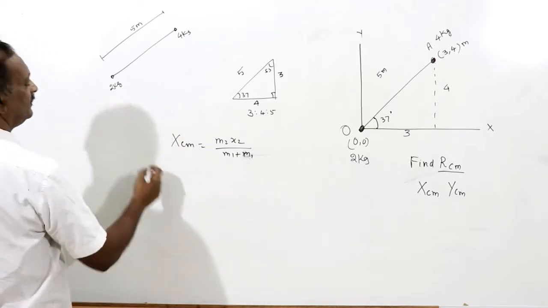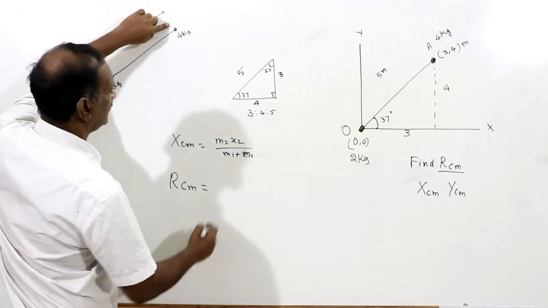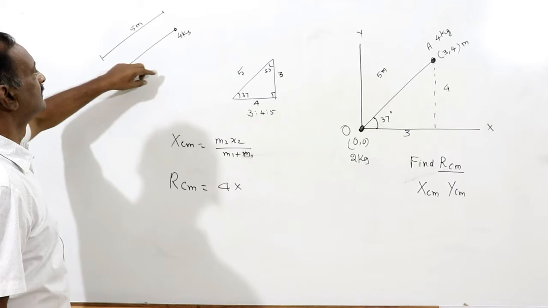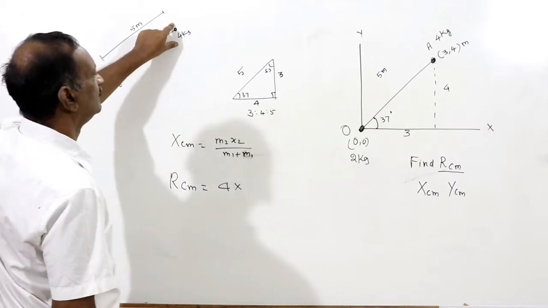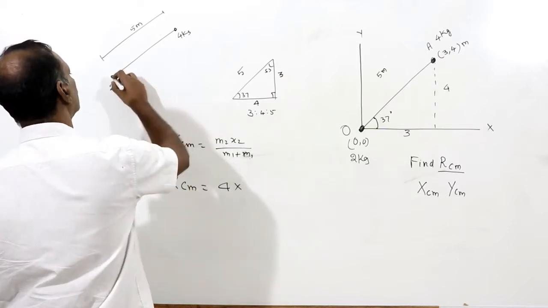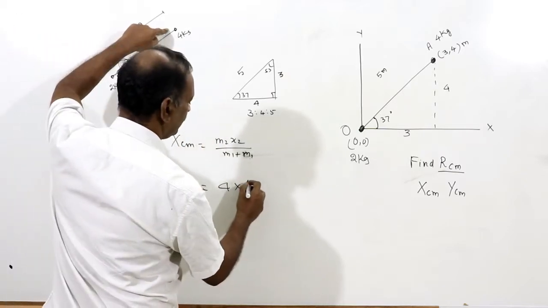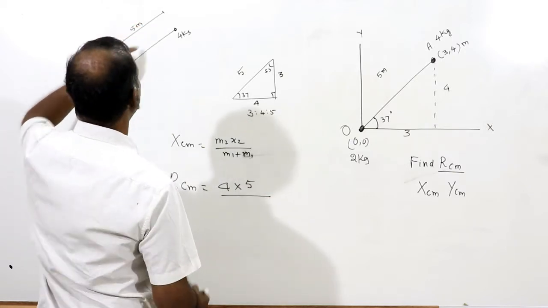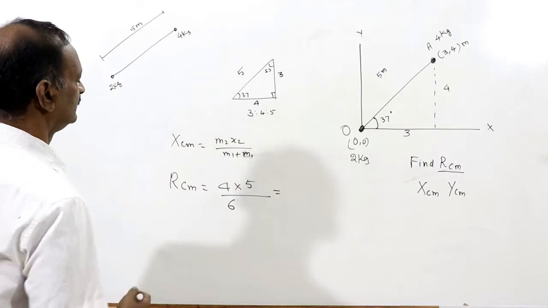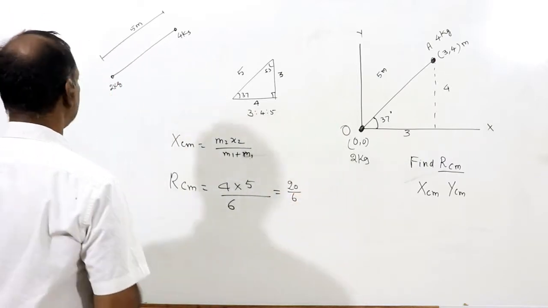About this point, RCM is equal to m2, which is 4 kg, times x2, the distance from here to here, which is 5, divided by m1 plus m2, which is 6. That is 20 by 6, which is 10 by 3.